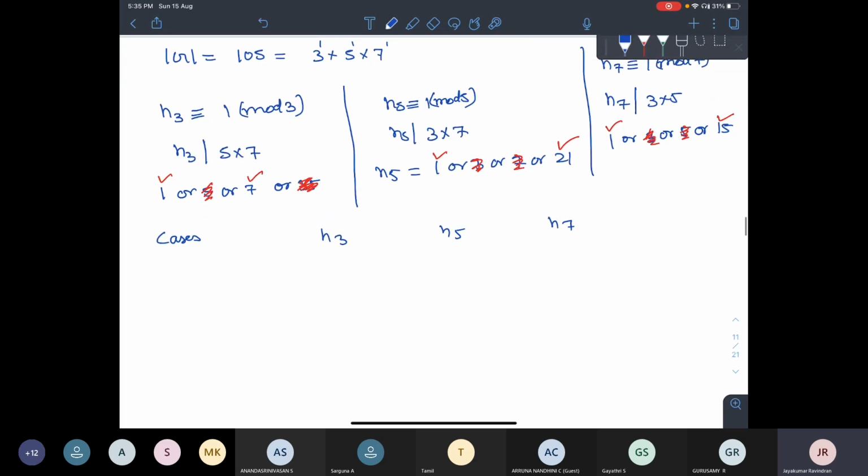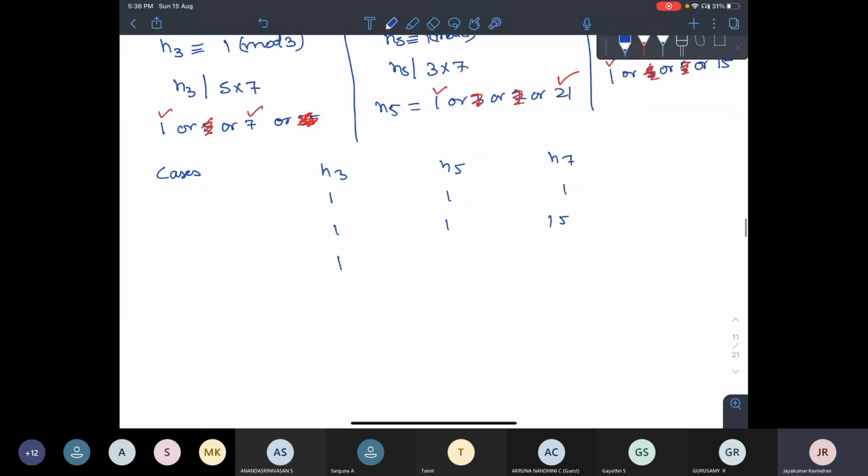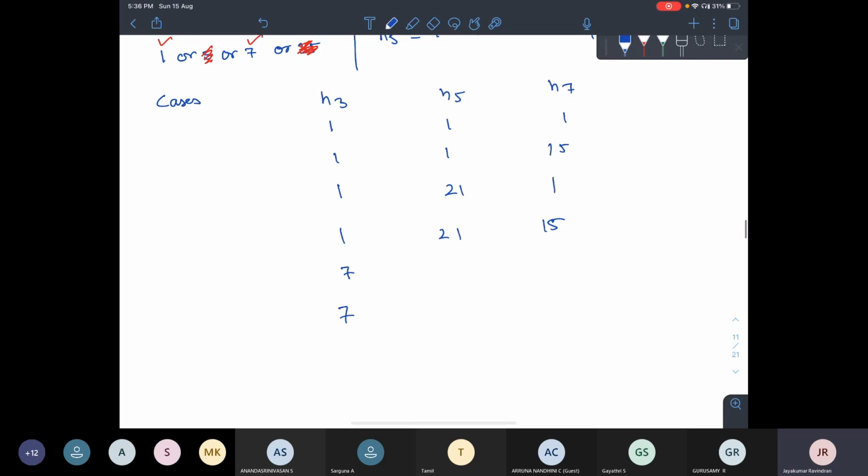I will tell you the trick. n3 is 1 or 7, n5 is 1 or 21, n7 is 1 or 15. There are 2 possibilities here, 2 here, and 2 here, so totally I have to count 8 cases.